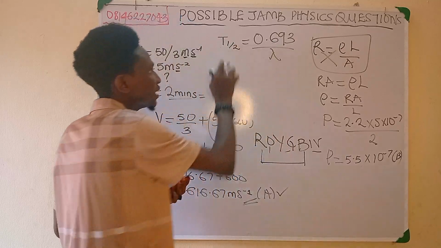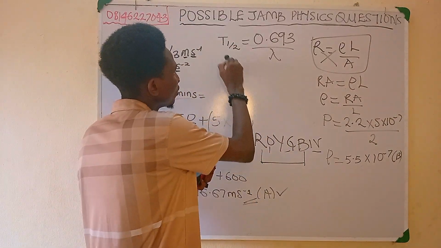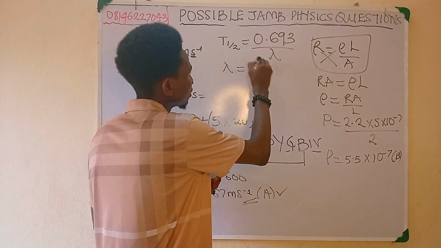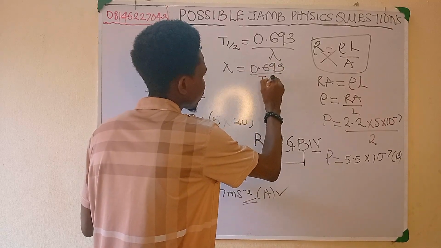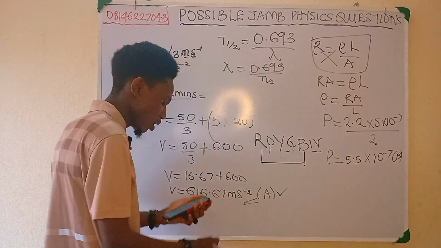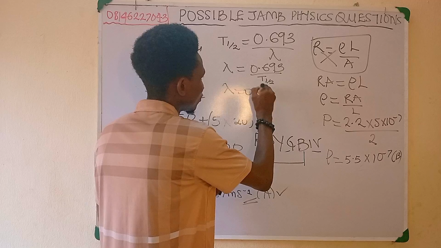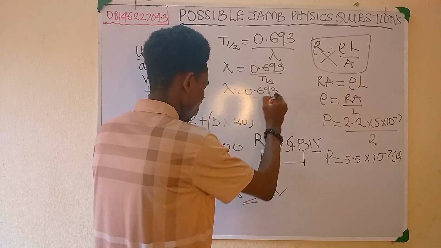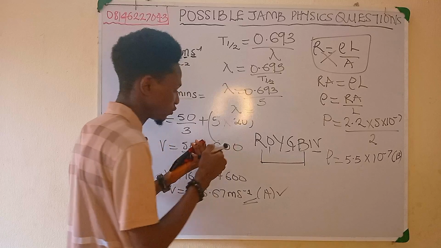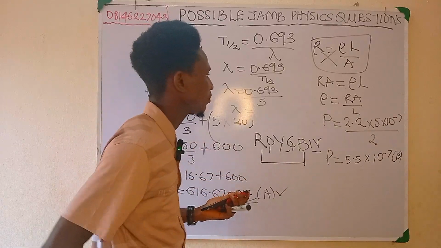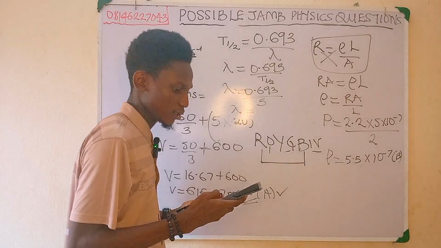Now they say look for the decay constant, so we bring it over: the decay constant equals 0.693 divided by the half-life. So you're going to get 0.693 divided by what is the half-life? 5 seconds. So the decay constant is 0.693 divided by 5.